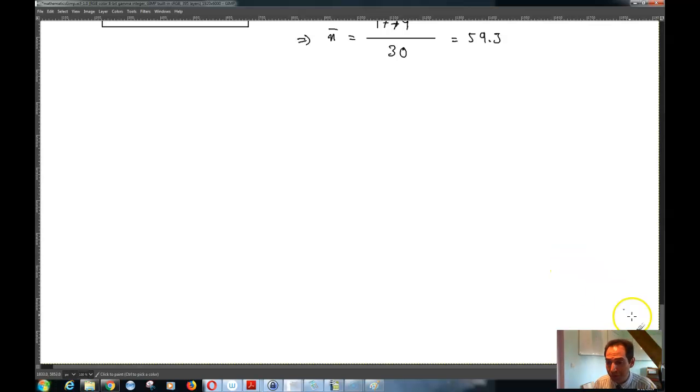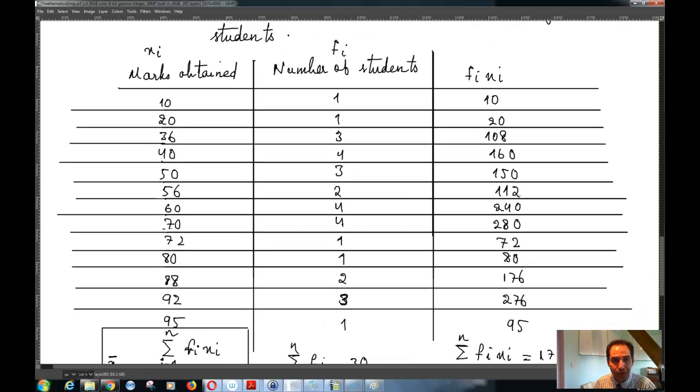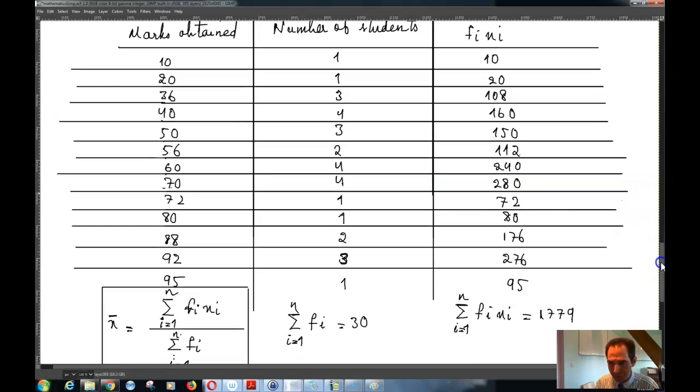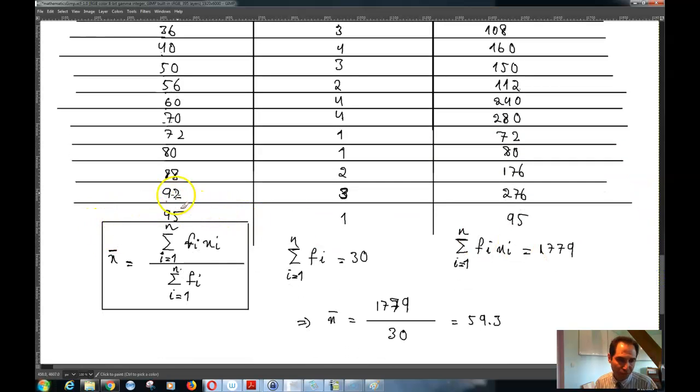So far, the data that you can see here is ungrouped data, meaning that you have each individual observation appearing in a table, and then the frequency related to that observation, and then using this formula we can of course calculate the mean of all of those observations.